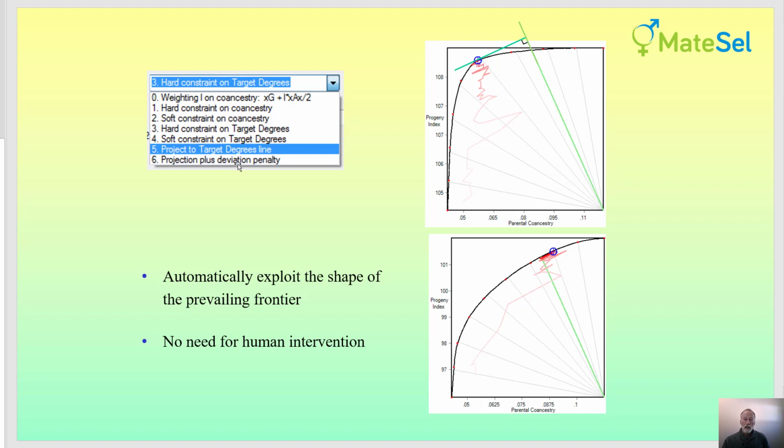Number 6, projection plus deviation penalty, basically says I want to be somewhere between strategy 3 and strategy 5, and that puts you somewhere in the middle here. It's just softening that a bit if you're not too sure about going the whole way. Most breeding programs, with any kind of slope of frontier, will tend to give you more degrees than the target degree line when you implement balanced strategy 5.